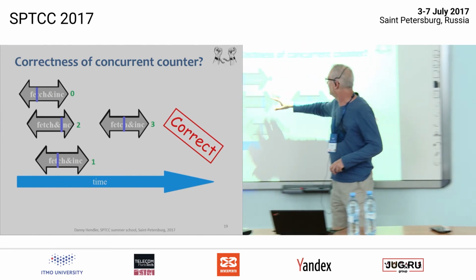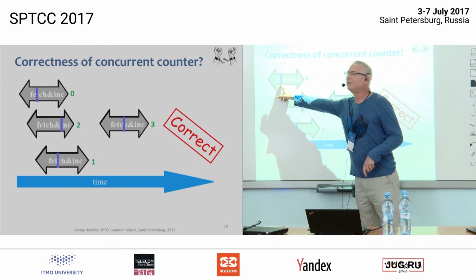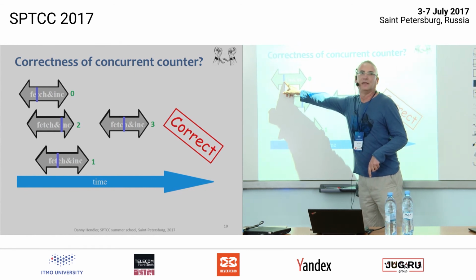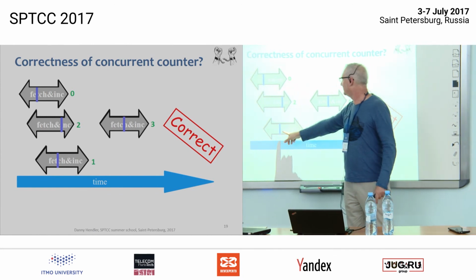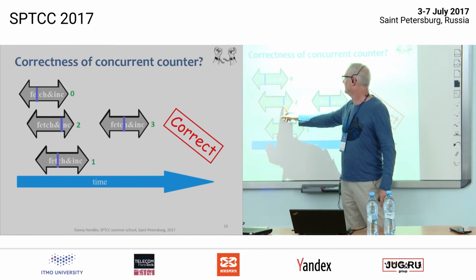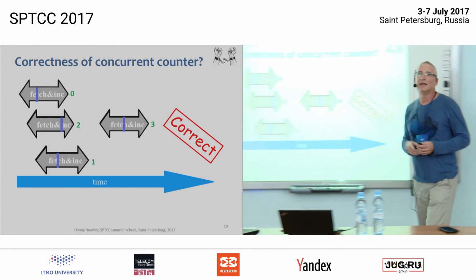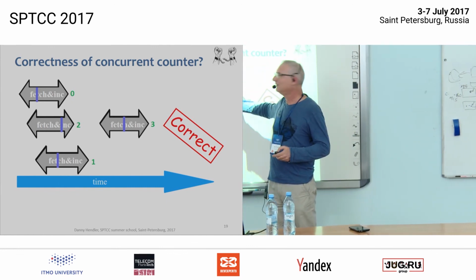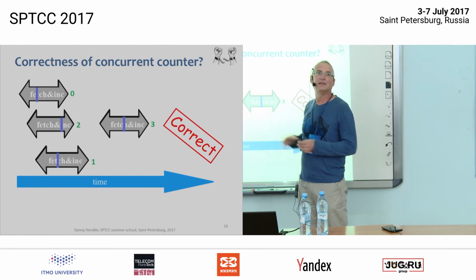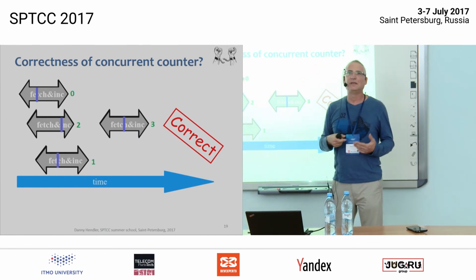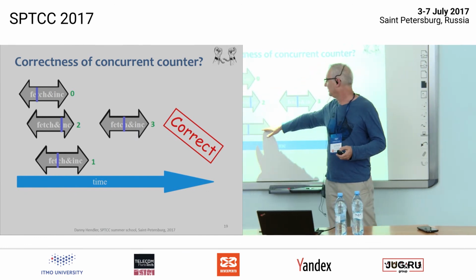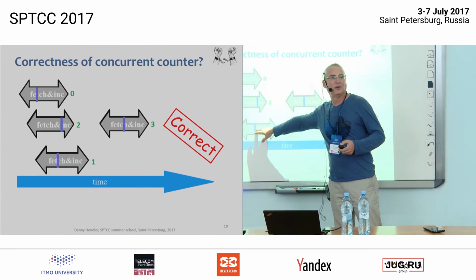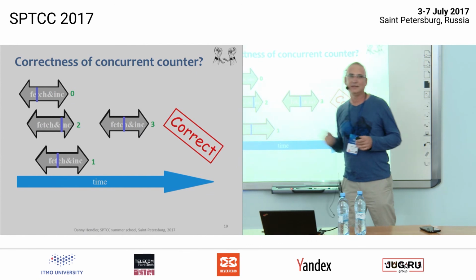For example, this is the first point where we assume that this operation occurs and it returns 0. This is the second operation, it returns 1, 2, and 3, etc. And since we place these atomic points inside the interval of every operation, real-time order is maintained. So if one operation preceded another operation, then its place in the order is before the later operation.